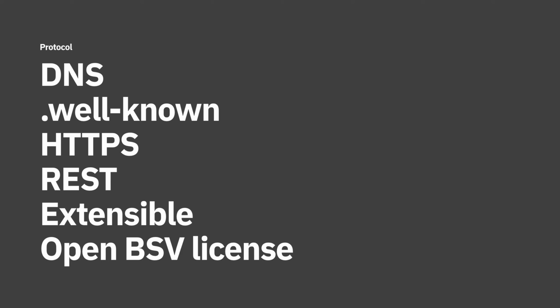So the protocol for Paymail rests on several different ideas that we merge all together. First of all, DNS, or the domain name system, it relies on domain names. It relies on a convention for using a .well-known directory in your HTTPS server for listing the services that you support. It relies on HTTPS to actually do the querying.